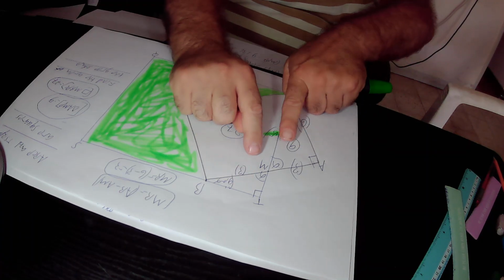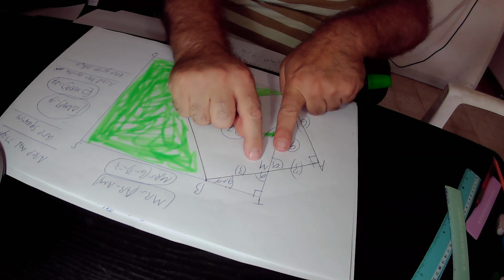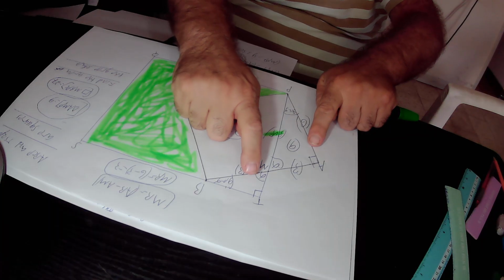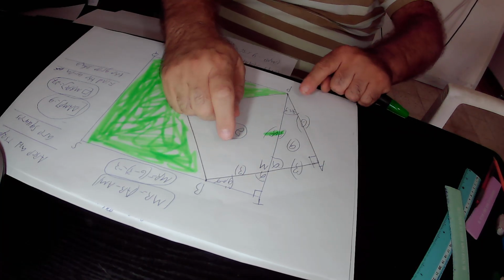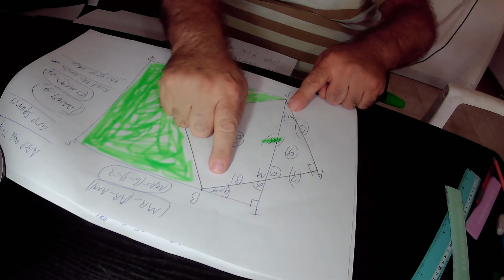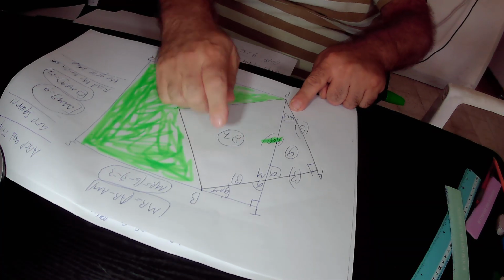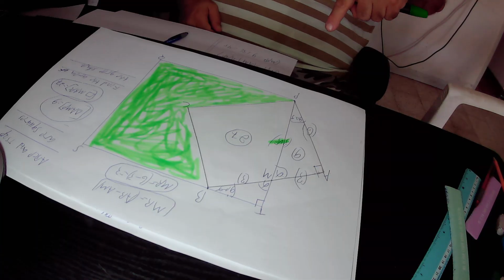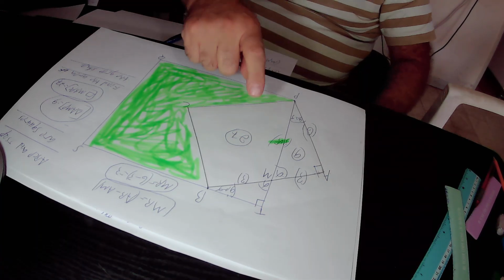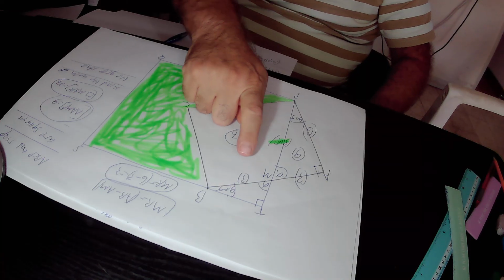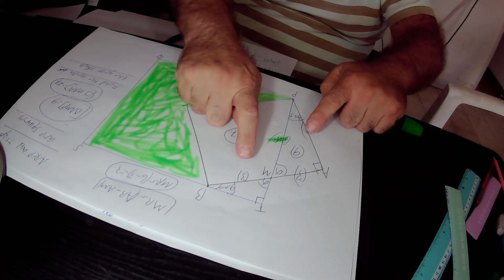Those two angles are both equal to alpha, those two angles are both equal to 90 degrees, and finally those two angles are both equal to 90 degrees minus alpha. So all the angles of the big right triangle AMP are equal to all the angles of the small right triangle TMB, therefore the two right triangles are similar according to the angle similarity rule.